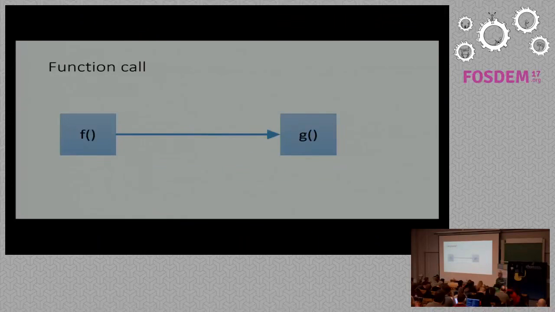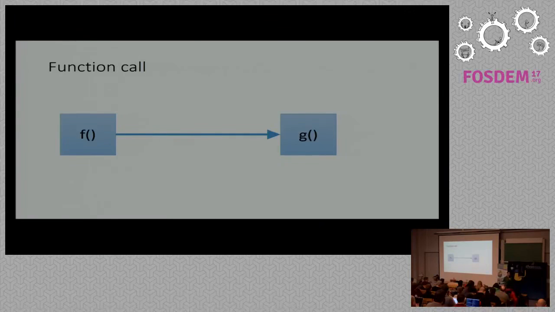So now we are going to look at one of those arrows. We see that the function f calls the function g. So that means at runtime there is some flow from f to g. But if we look at the source code, we also see that in order for the function f to call the function g, there needs to be some kind of reference.